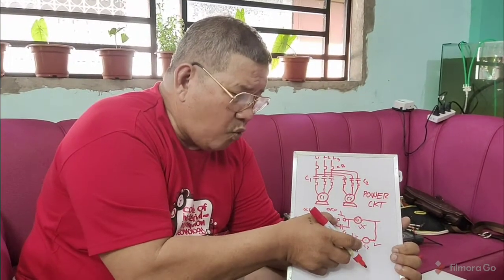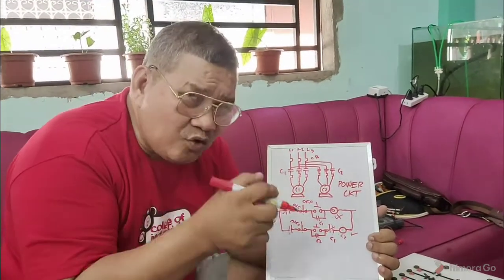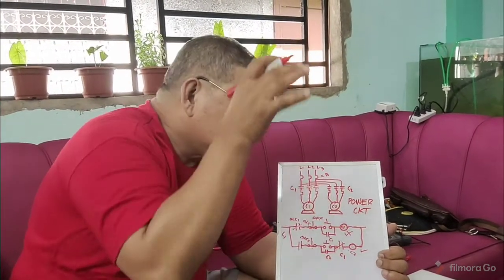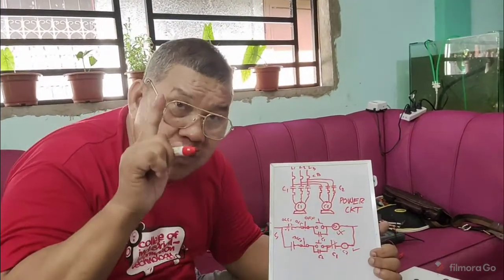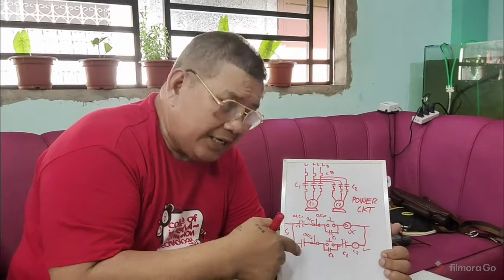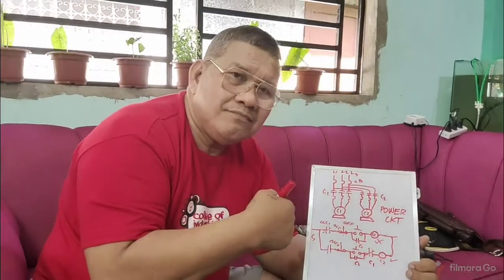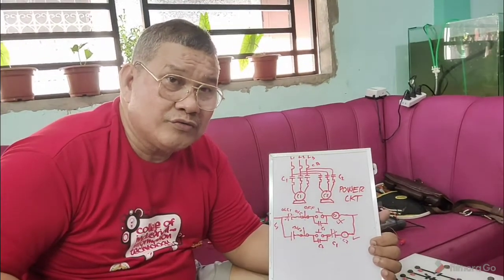So conveyor number 1 is not affected when conveyor number 2 is overloaded. But this condition now will be like this. If any of the conveyors here is overloaded, both of them are off. Remember, only one, either. If this is overloaded, off. If this is overloaded, off. So that is the difference between the two conditions.